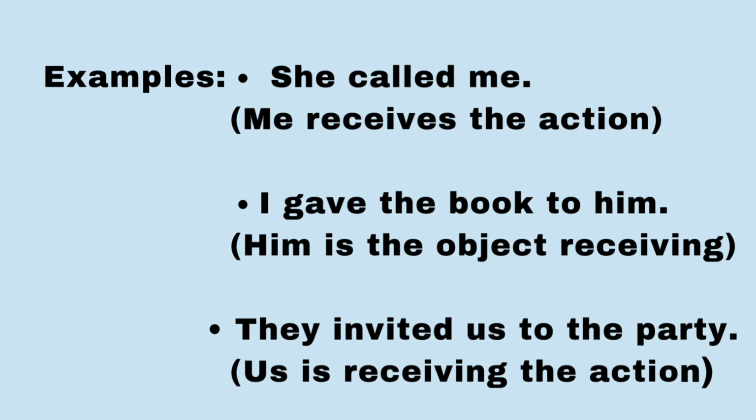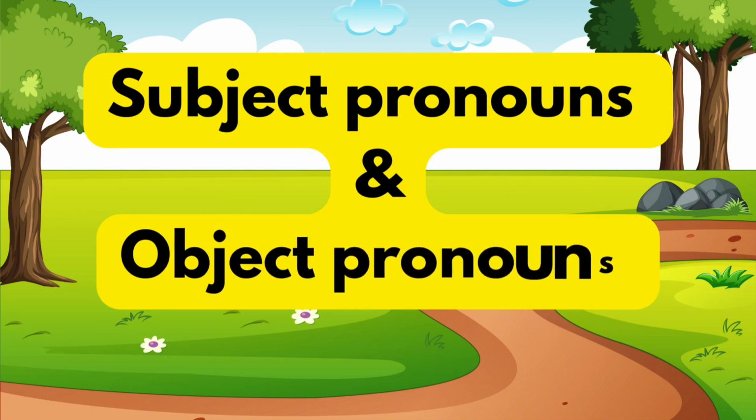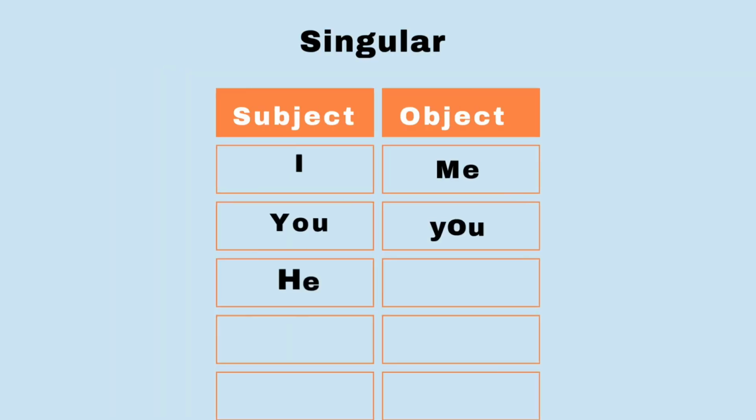So, now you can understand what object pronouns and subject pronouns are. Let's compare these pronouns as singular and plural. The subject pronoun I, the object pronoun is me.